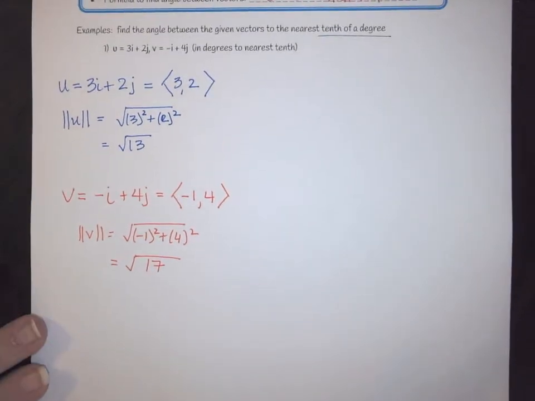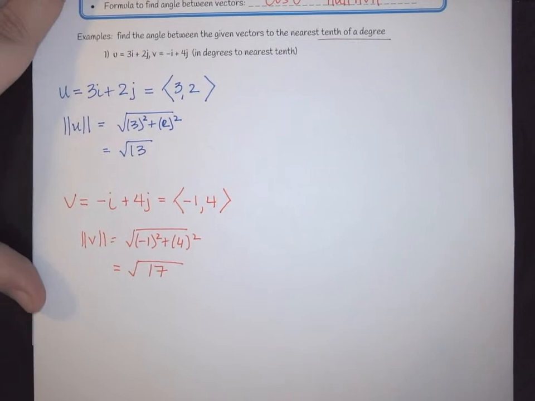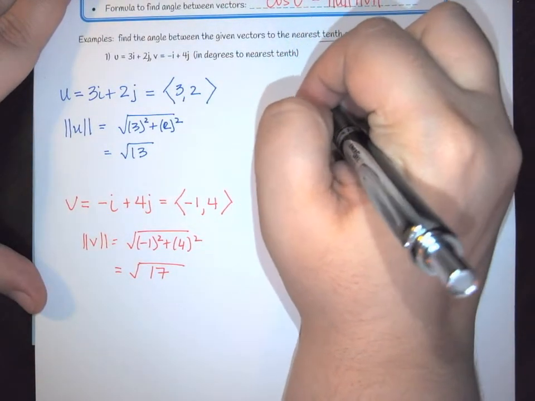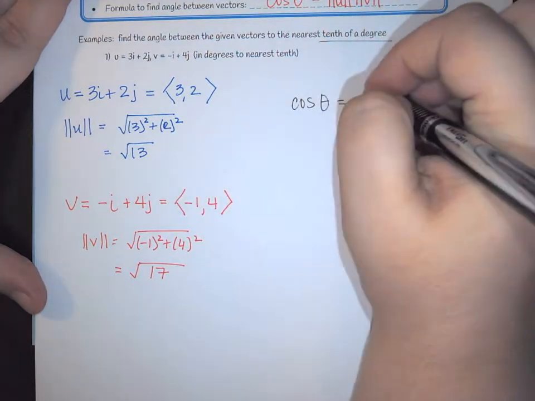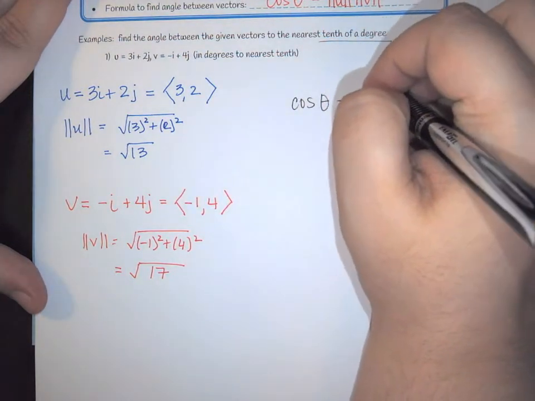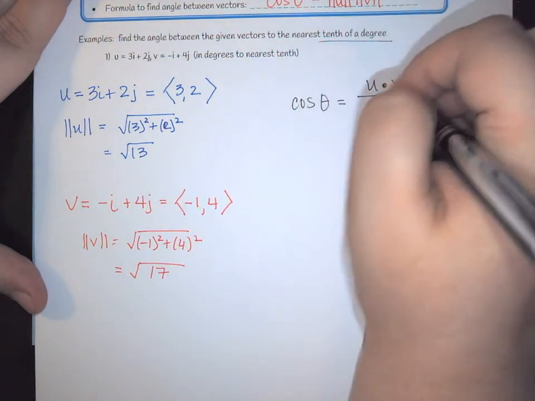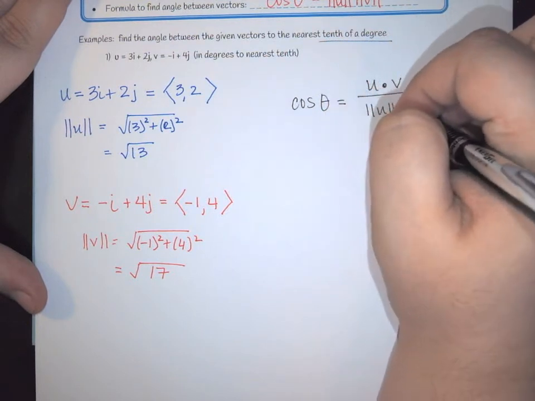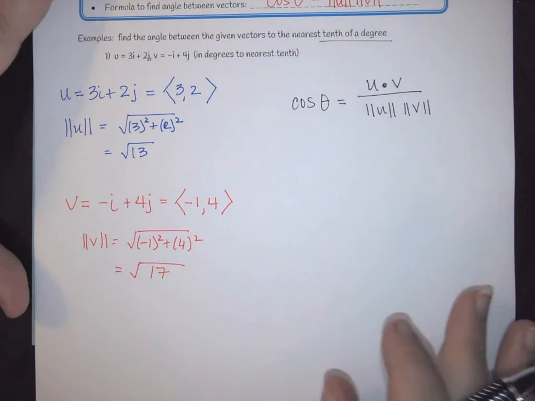Now the next thing we need to do is remember the formula. The cosine of my angle is going to be the dot product, so u dot v, over the multiplication of your magnitudes. So let's first fill in the information we have.